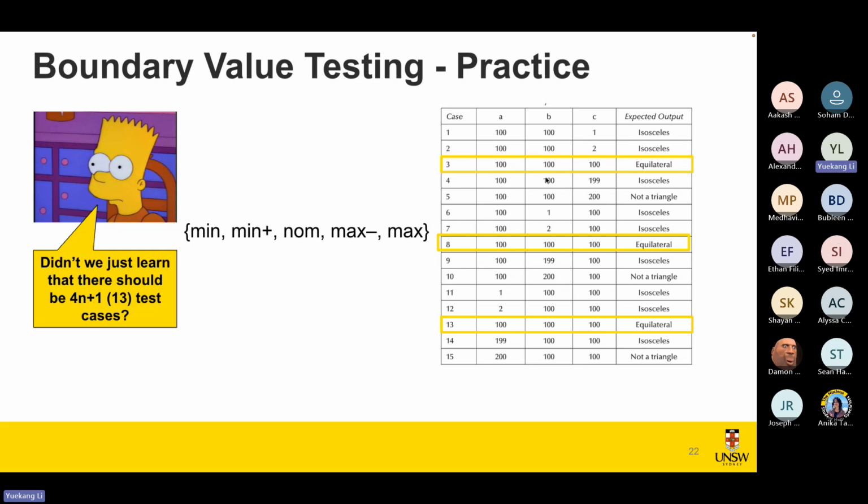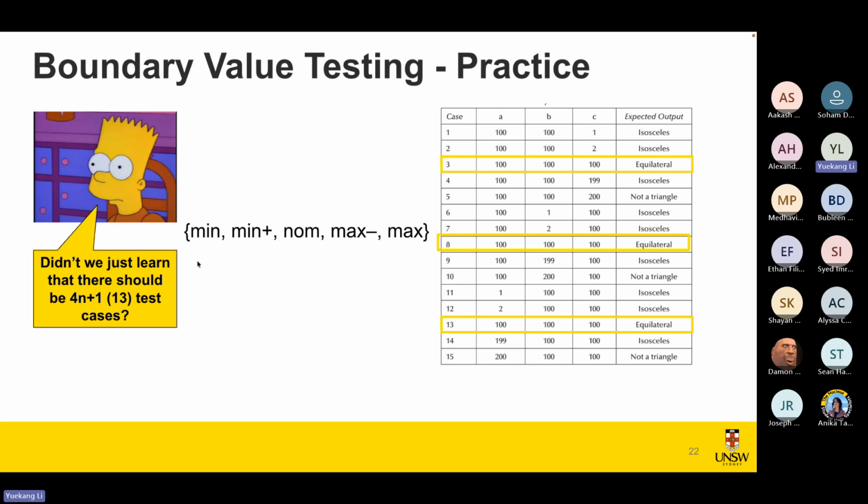We have the same test case, which duplicates for 3 times. Because each time we allow 2 other parameters to take the normal value and rotate the value of the 3rd parameter. And if the 3rd parameter takes the normal value, then we are creating the normal case 2 more times than we need. So that's why we have 2 more test cases. And that is why in the table we have 15, but actually we only need 13.